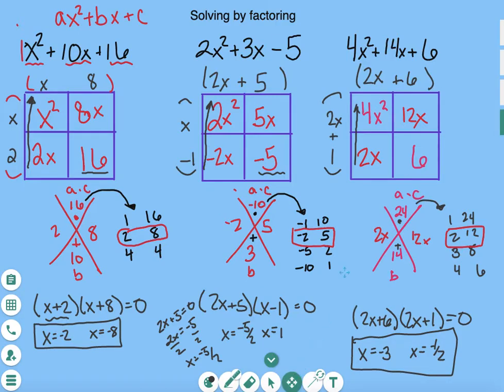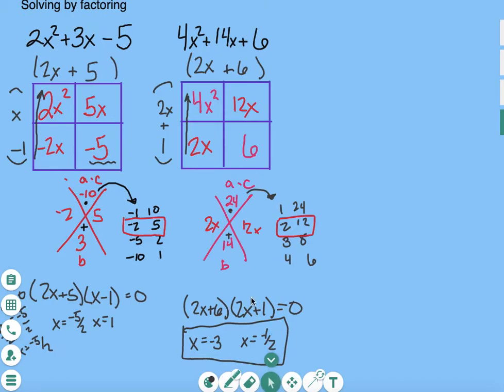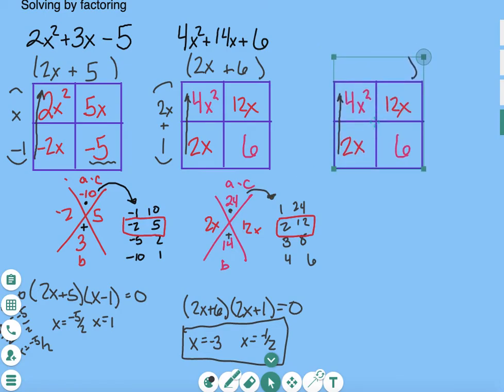Now, if you were trying to do that problem ahead of me and you got a slightly different answer than I did, that's okay. Because what might have happened is when you got to this point, perhaps you flip-flopped from the way I did this.